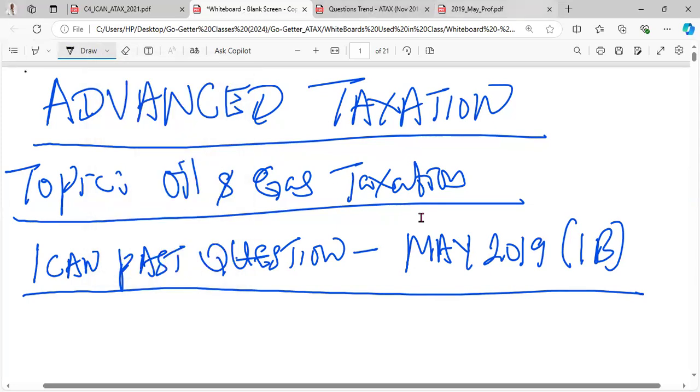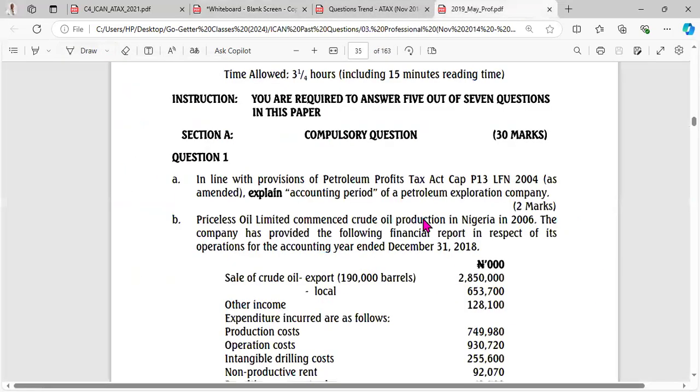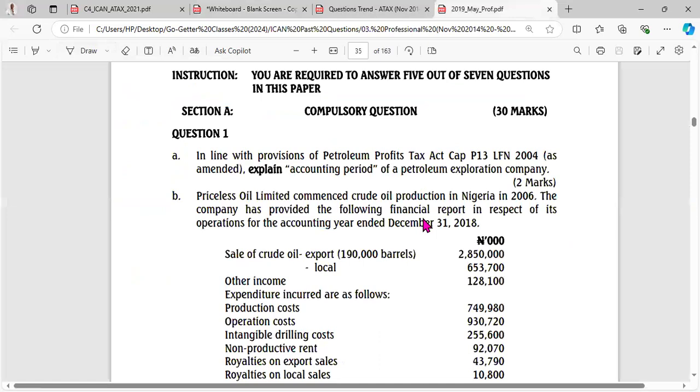All right, so let's read the question. Question number 1 is a 30-mark question, and we have 1A, which is 2 marks. This is just to explain the accounting period of a petroleum exploration company. Of course, we know it's actual year basis.